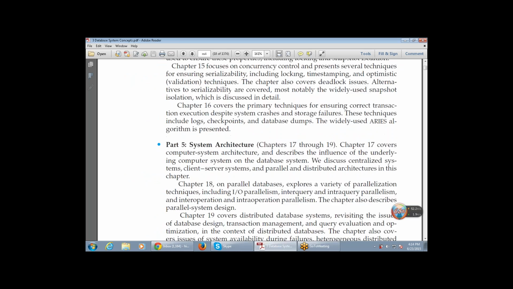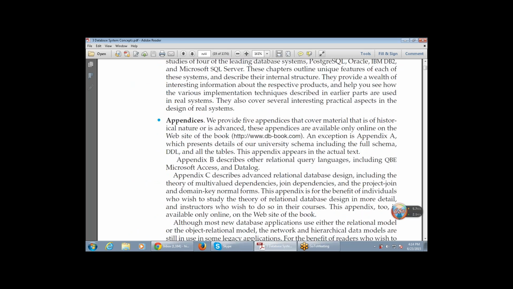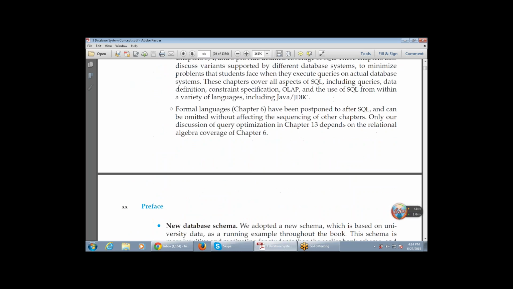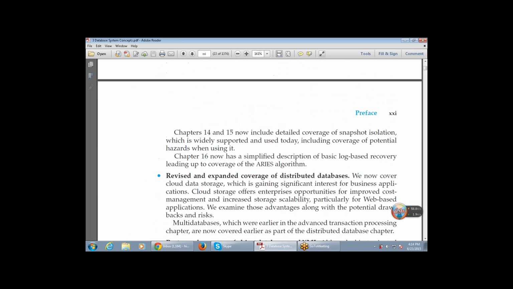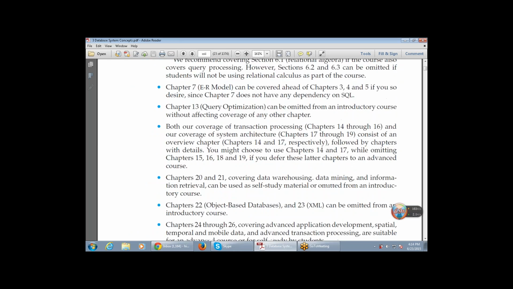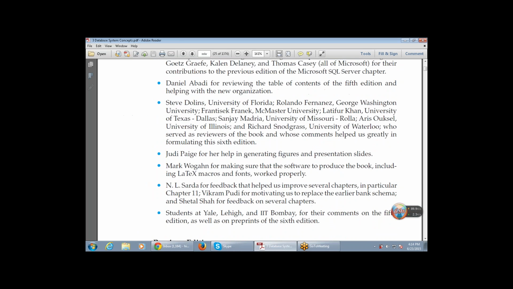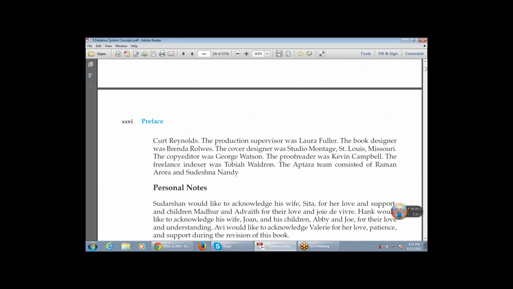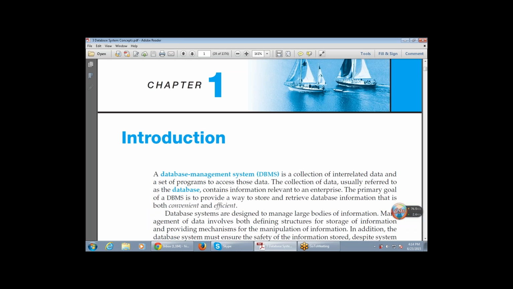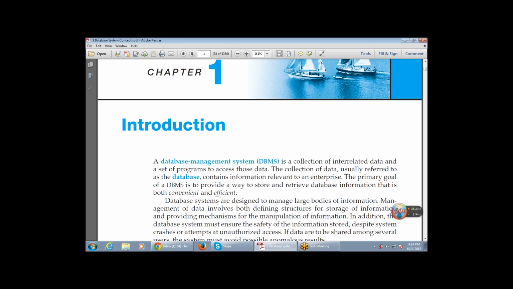So let's start again with the introduction from the previous class session. We started with the introduction to the database, that is, what a DBMS is. A DBMS is a collection of interrelated data and a set of programs to access those data.